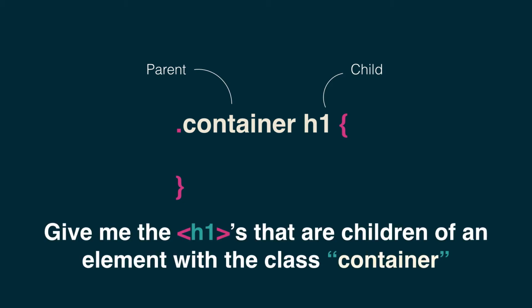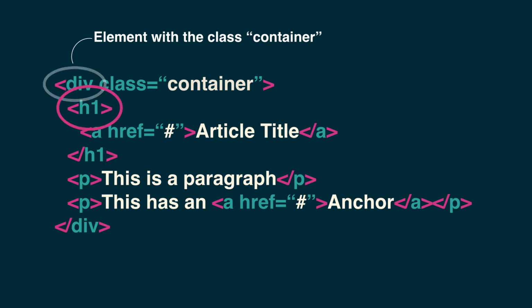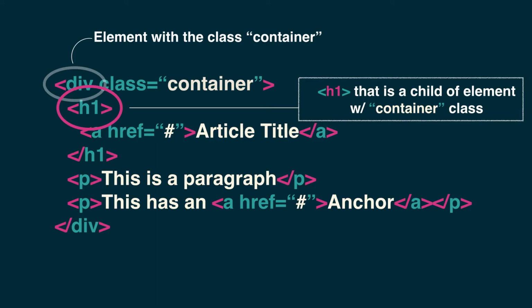So what this is saying is, give me the H1s that are children of an element with the class called container. Does that make sense? Okay. So we have the element with the class called container, and we have an H1 that is the child of an element with the class called container.